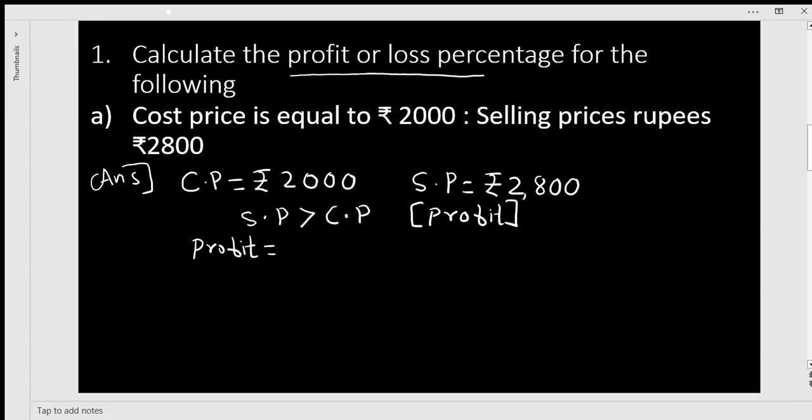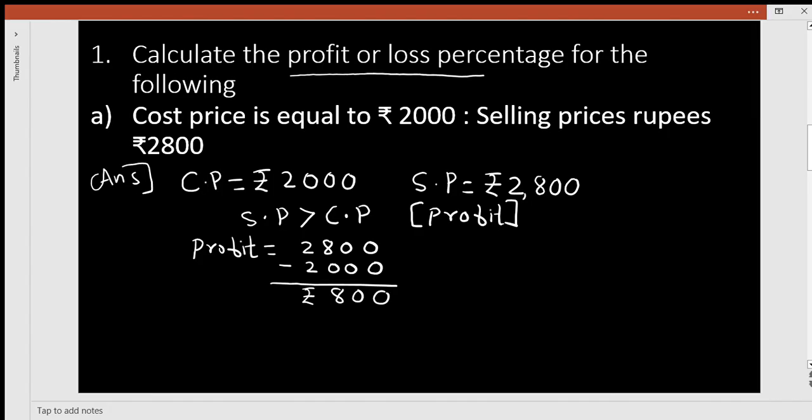So here in this case, selling price is 2800 minus cost price is how much? 2000. So here the person will gain how much? Rupees 800. So this is an example of profit.